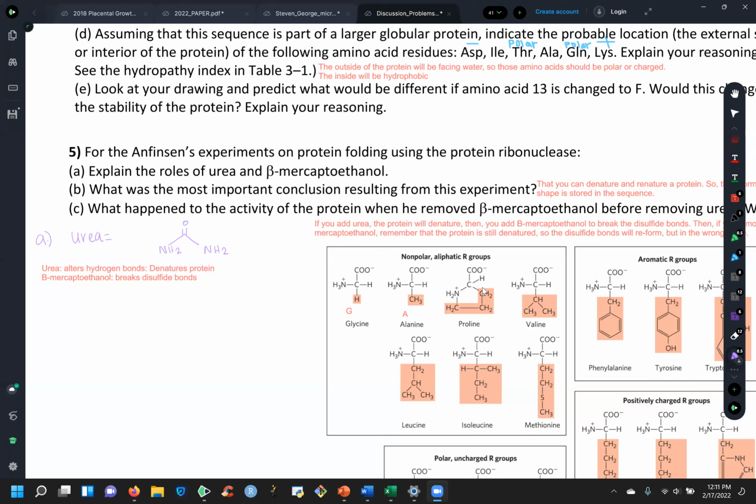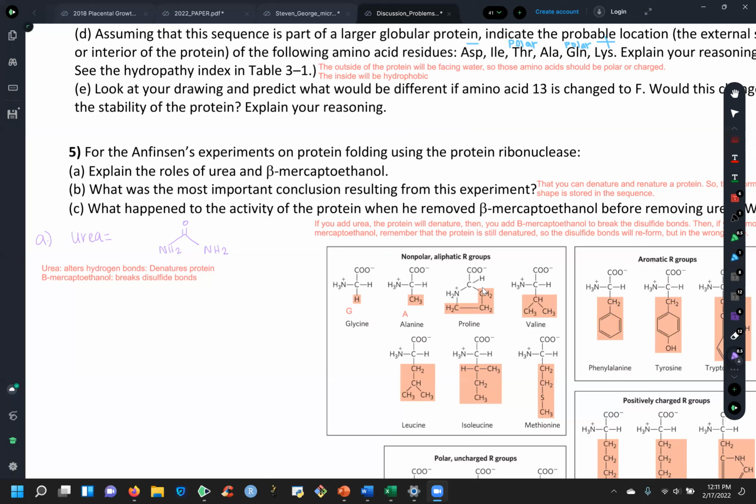Let's say that we have a three-dimensional protein and Anfinsen uses urea. What are you going to get over here? It's going to be unfolded, right?